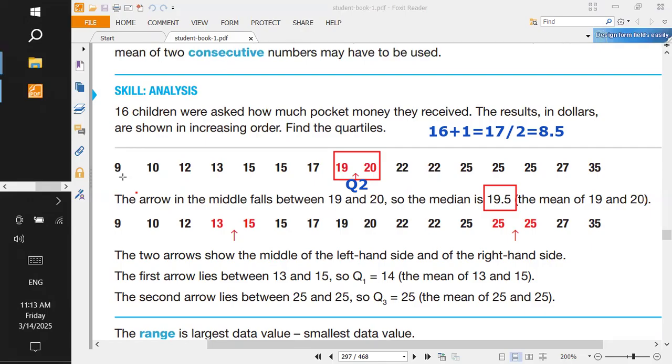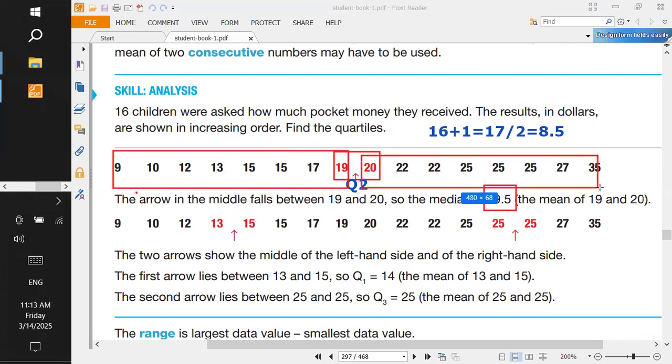So here you have 1, 2, 3, 4, 5, 6, 7, 8. Because the 19 is not the median, you can use it. Same idea here, you can use it.